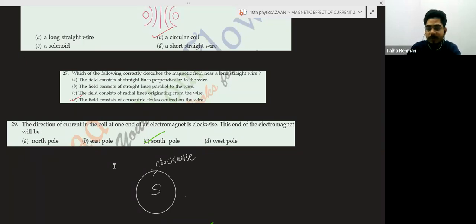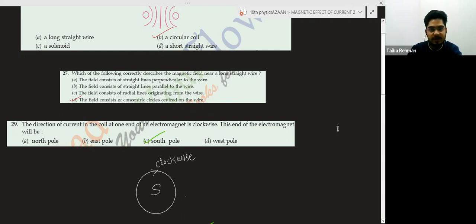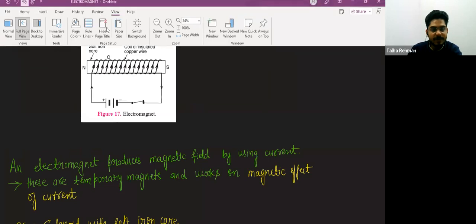So what we will do is wind the wire like this in helical form, and connect the ends of the wire with the battery, and the current will flow, and we will get a magnetic field due to that. Okay, so this is the electromagnet.